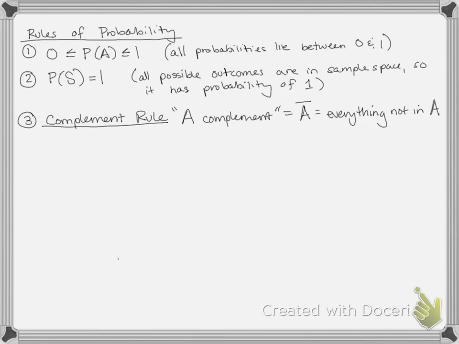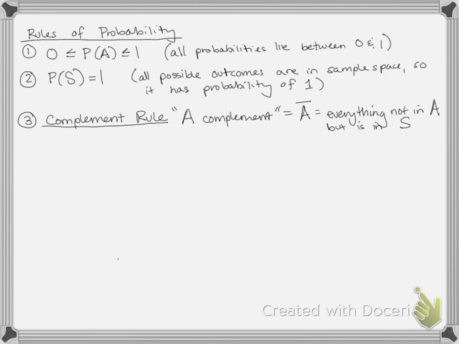Then the complement of that is not getting two heads, or heads, tails, heads, and tails, tails. So it's literally the opposite of this event, okay? So it's everything that's in the sample space that's not in event A. So it's not in A, but is in the sample space, right?